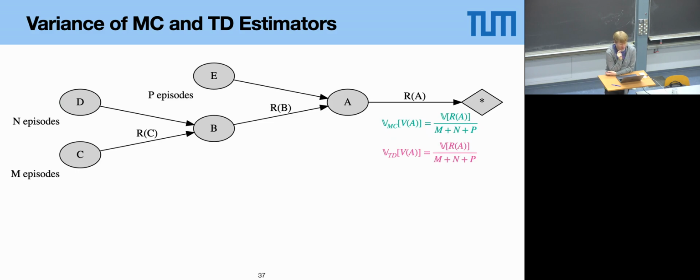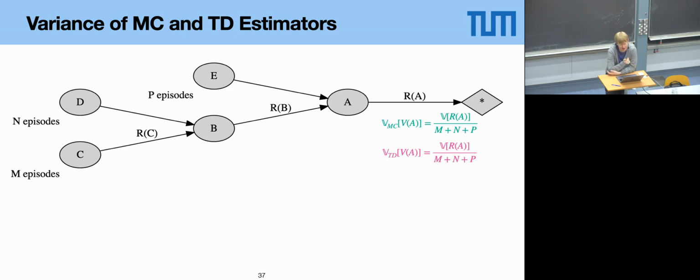For the final state A here in this Markov decision process, if you want to estimate the values, the 2 estimates, as we already know, are the same, so they give the same results, and as a consequence also the variances of the 2 estimators are absolutely the same. But we can just look at this expression to understand it. The ability to estimate the values quickly, on what does it depend?